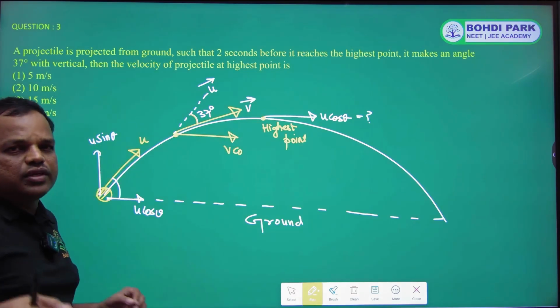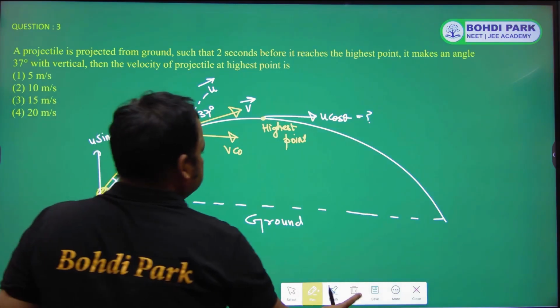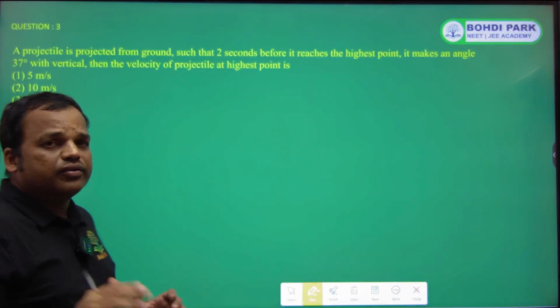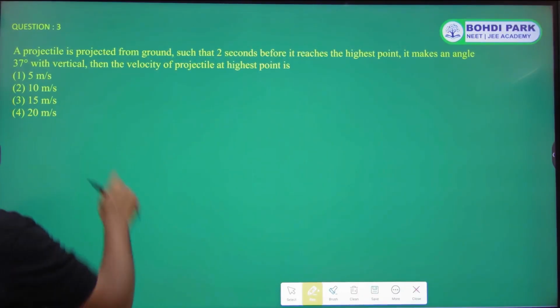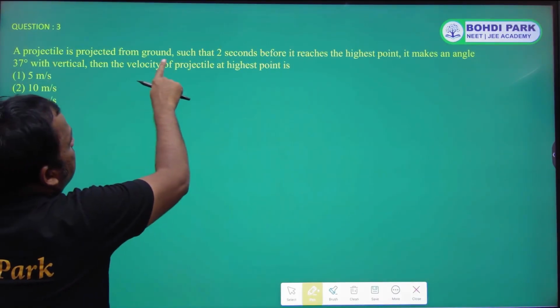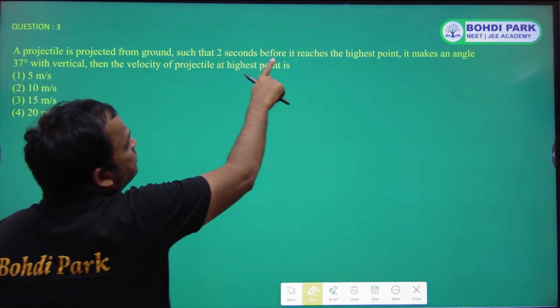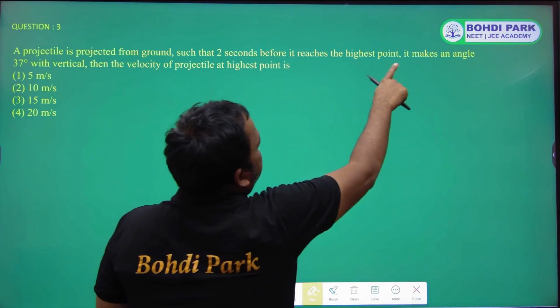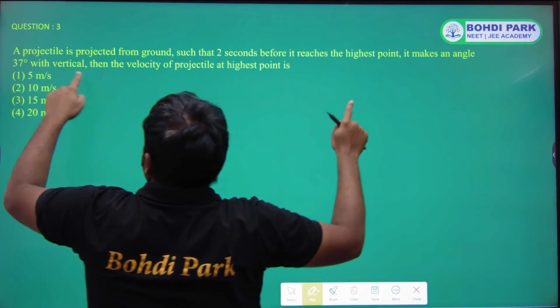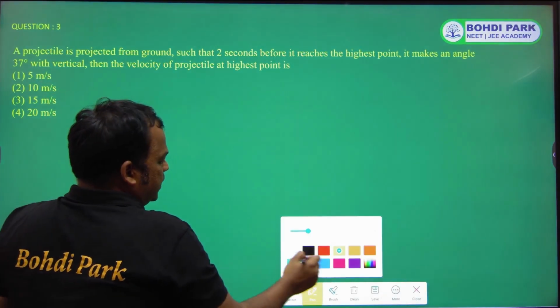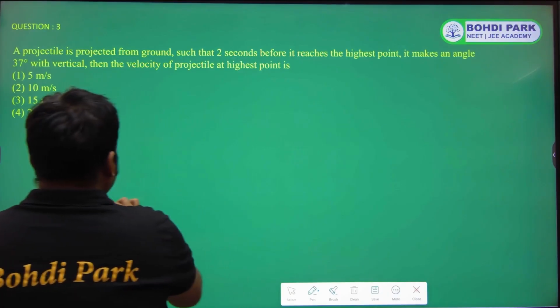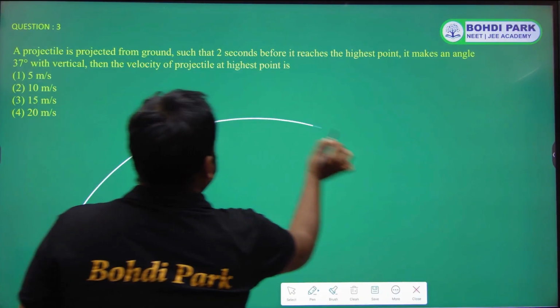Okay, I'm doing this question again. Okay, look at question number 3. Projectile is projected from ground such that 2 seconds before it reaches the highest point, it makes an angle 37 degree with vertical. So suppose this is the projectile path.